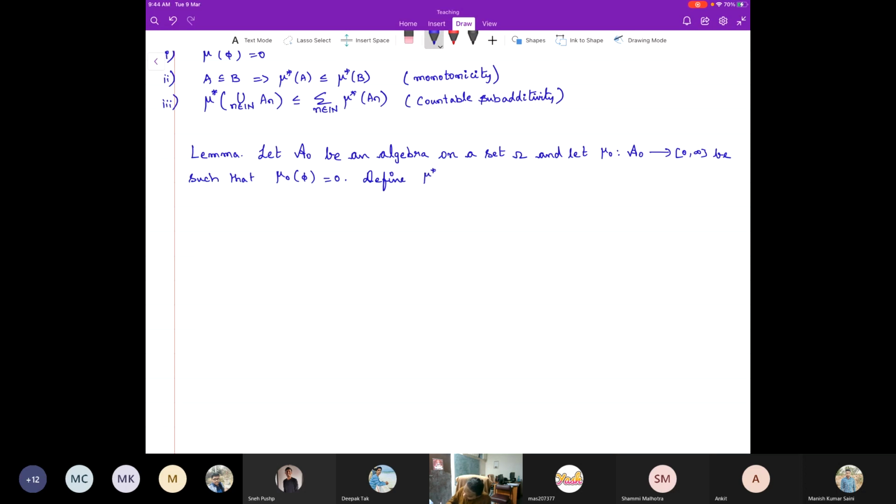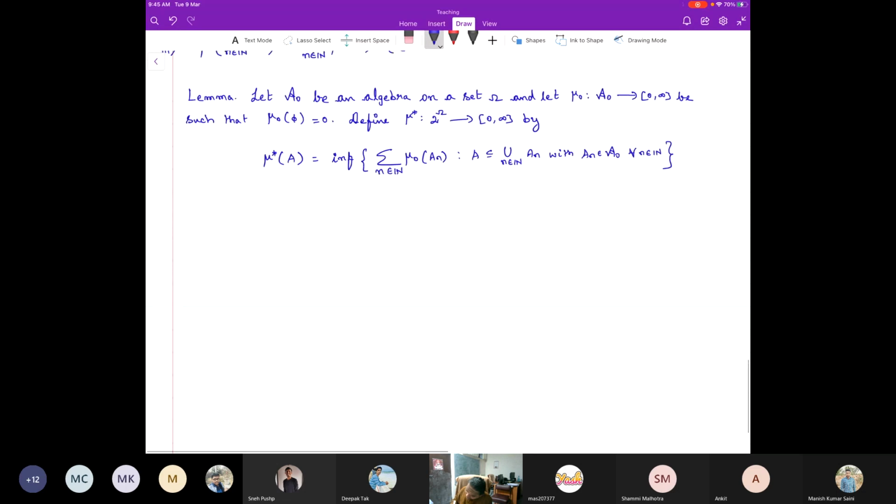Define mu star from 2 raised to the power omega to [0, infinity] by: mu star of any set A is the infimum over the sum of the individual mu naught of A_n, so that A is contained in the union over n in N of A_n, with A_n coming from this A naught for all n in N.